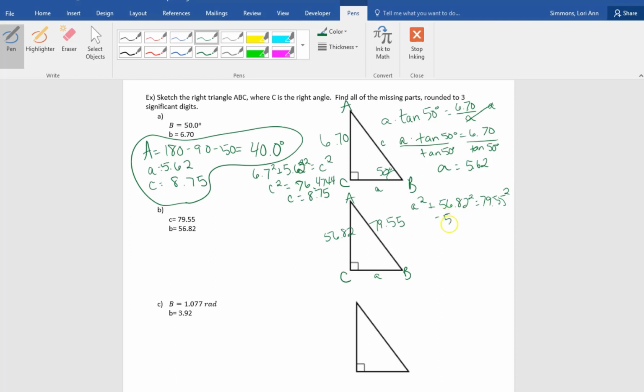We can subtract the 56.82 squared on both sides. A squared should equal 3099.6901. Square root both sides, so A is equal to 55.7.